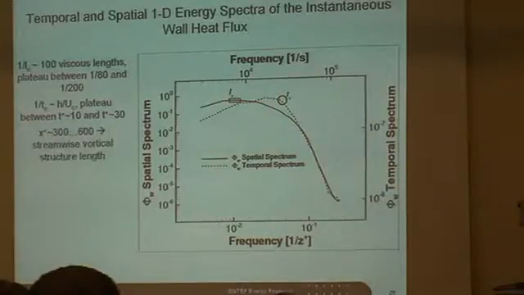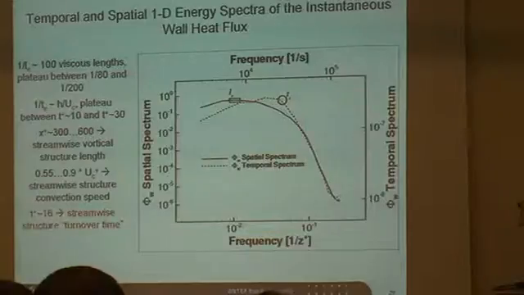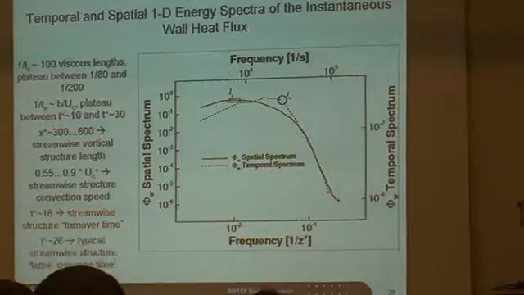If you assume that the streamwise vortex is between 300 and 600 long, and it has a passage time, and 16 is the turnover time as proposed by Jimenez, we have that T26 is a typical streamwise structure flame passage time.